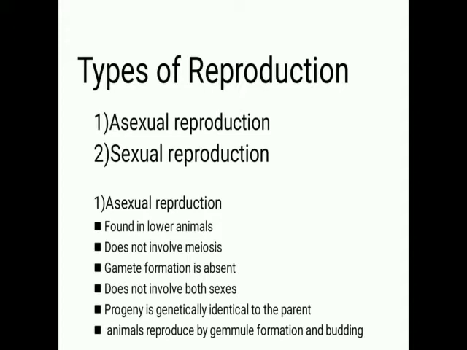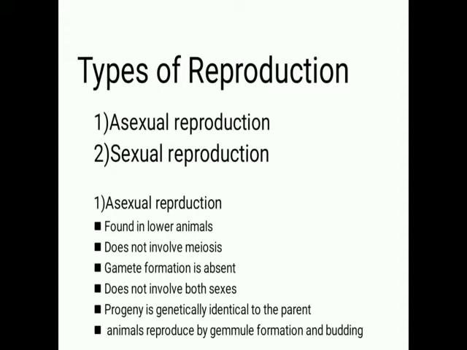What is meiosis? Meiosis is a type of cell division by which gamete formation occurs. Here, gamete formation and fusion is absent. Therefore, this type of reproduction shows the presence of only mitotic cell division and only a single parent takes part in this type of reproduction, so called uniparental.